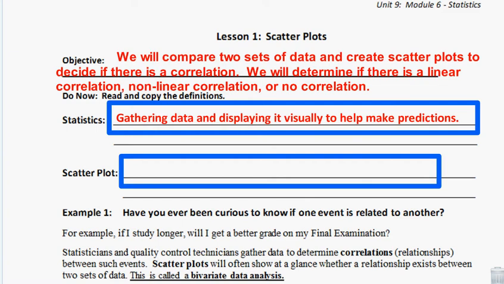Don't let something pass you by. And when you're done copying what statistics is, you can then copy what a scatter plot is. Really, it's a comparison of two lists of data, and we represent them as points.